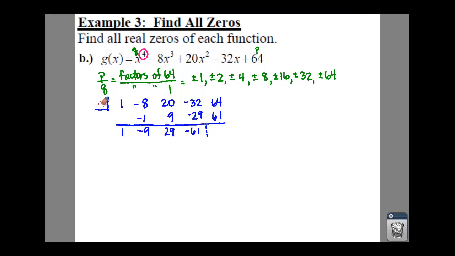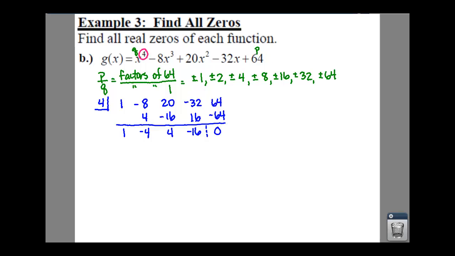Well, just for time's sake, 2 and negative 2 do not work. However, what does work is a 4. So if we make this a 4 in the box, you bring down a 1, you have 1 times a 4, you get negative 4, and you add those, you get negative 16 here. 4 times negative 16 gives us negative 64.